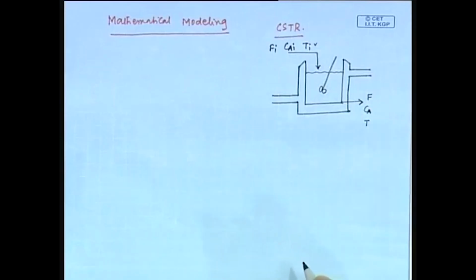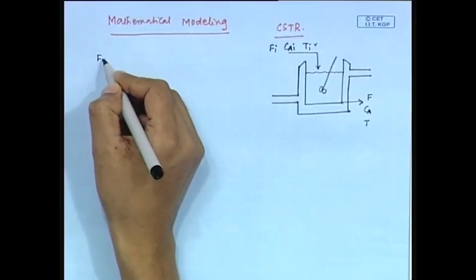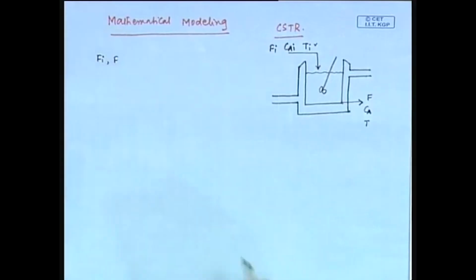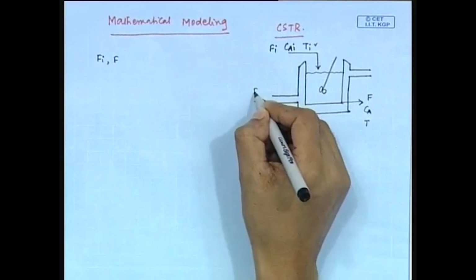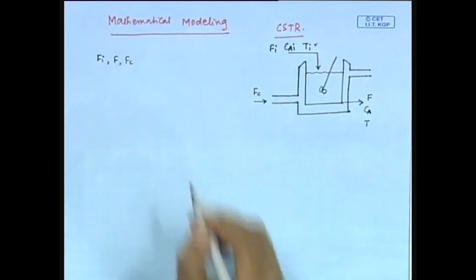Now, before deriving the mathematical model for this CSTR, first we will know the units of different flows, like Fi and F along with the coolant medium flow rate Fc.